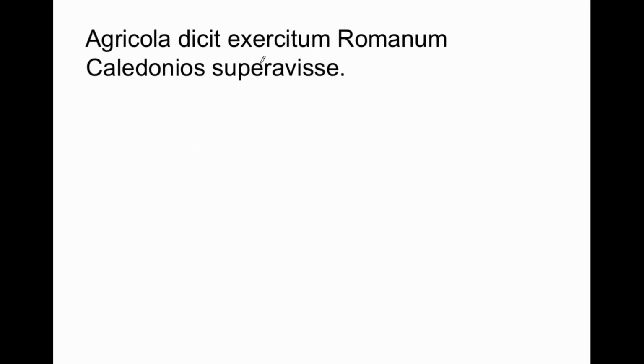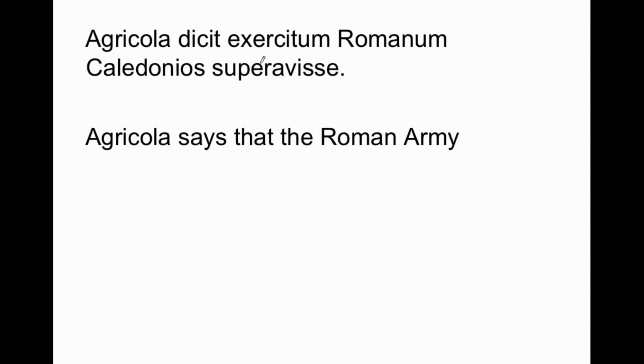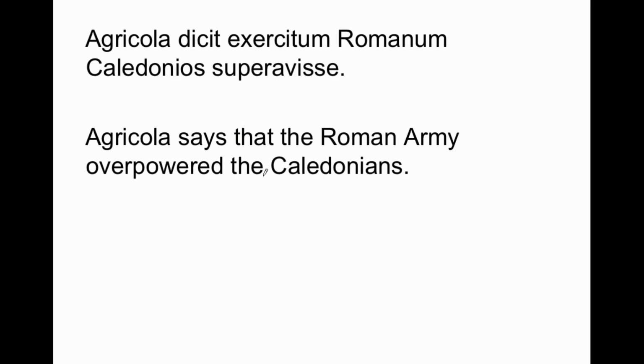Okay, so here's that same sentence. In other words, the Roman army overpowered the Caledonians. Here's that converted into an indirect statement. Agricola dicit. Agricola says. He says, now there's no word in the Latin for that, but we include it to make it better English. He says that the Roman army overpowered the Caledonians.